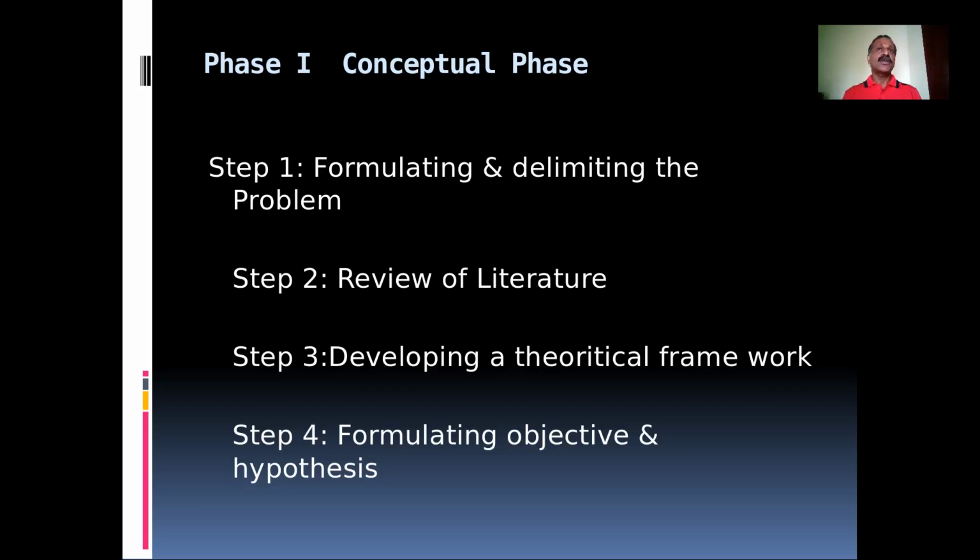Research always starts from a question. We call it a research question. And when a research question is transferred into a problem statement, that is called the research statement. This is formulating the problem.